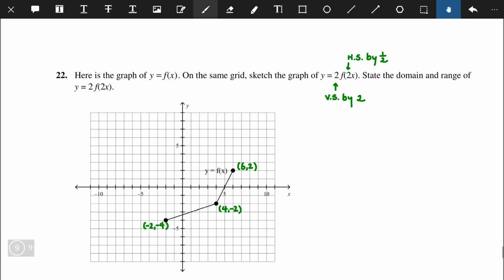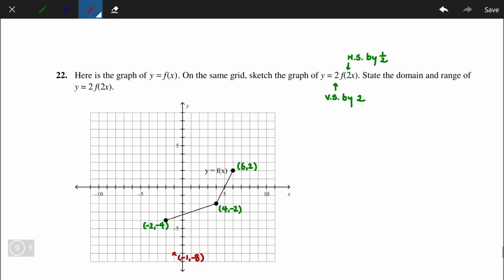So for example, the point -2, -4 will halve the x value, which gives us -1, and double the y value, which gives us -8. So the corresponding point would be here. And that's, once again, -1, -8.